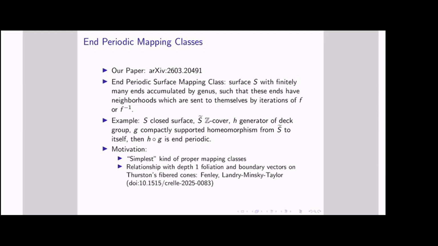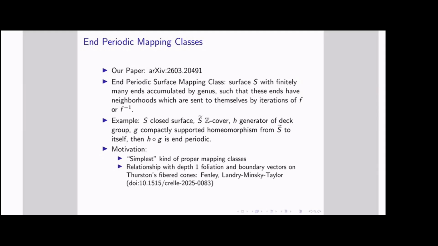So that's the idea of being end-periodic. Basically, the behavior around the ends is going to be regular. Everything is just moving away or moving towards the compact part. But the behavior inside the compact part could be however we want.